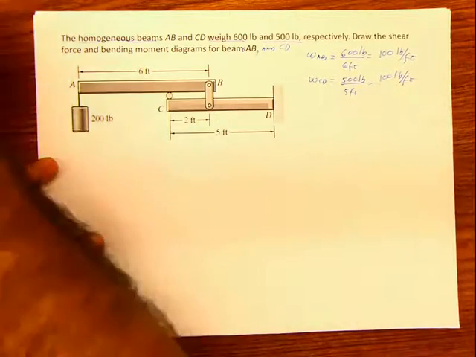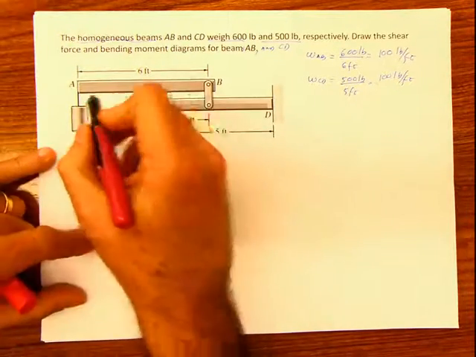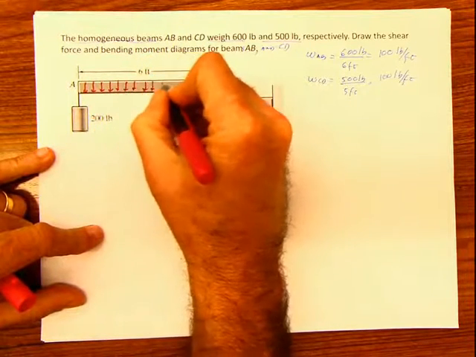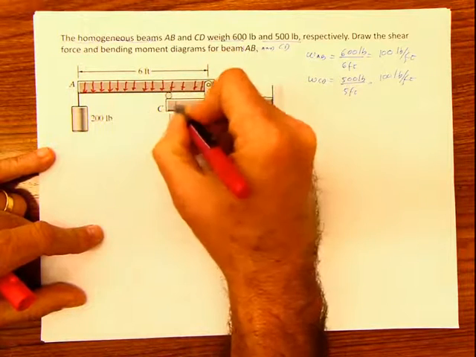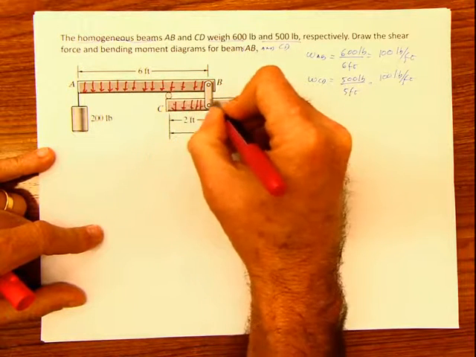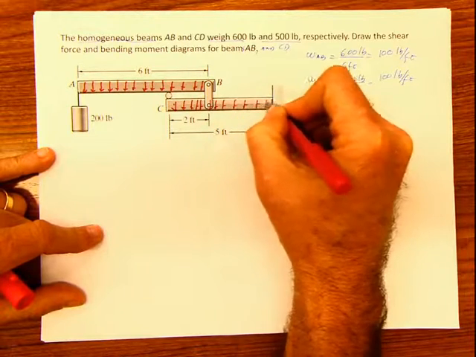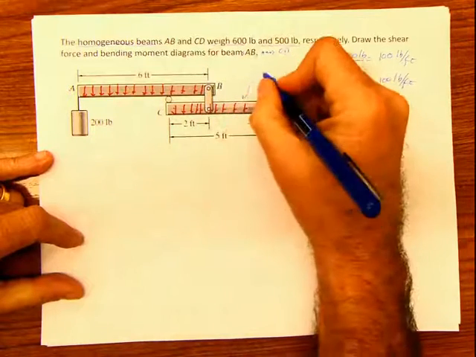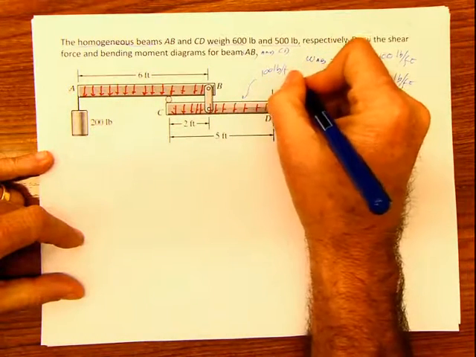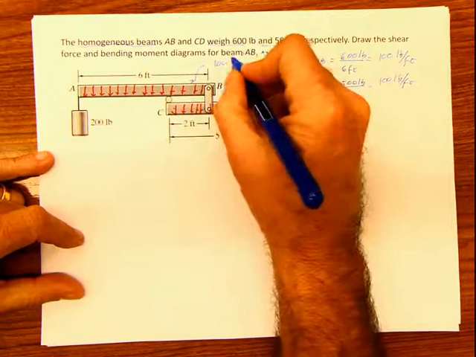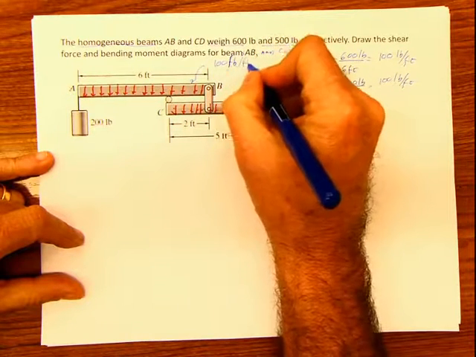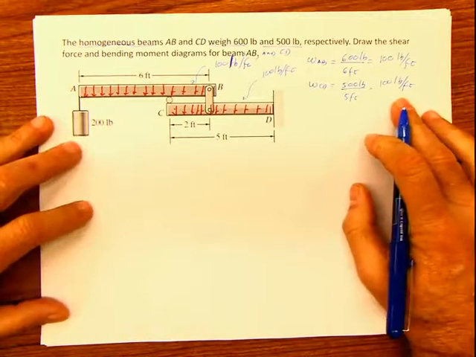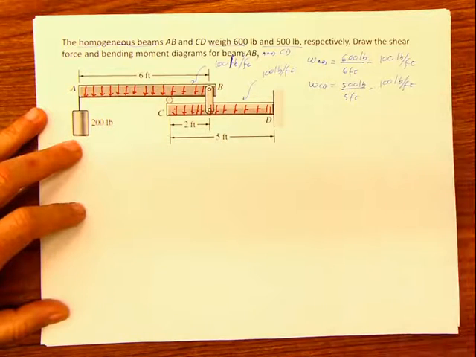In other words, what we have in reality is distributed loadings here and here, and the values for those distributed loadings are 100 pounds per foot. Once we know that, we can start solving our problem.